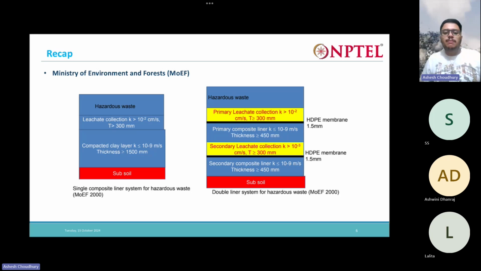If some leachate escapes through that, we are still able to collect it. That's what double safety means. Then we have a secondary leachate collection system, and after that a secondary composite liner. So it's a double collection system.